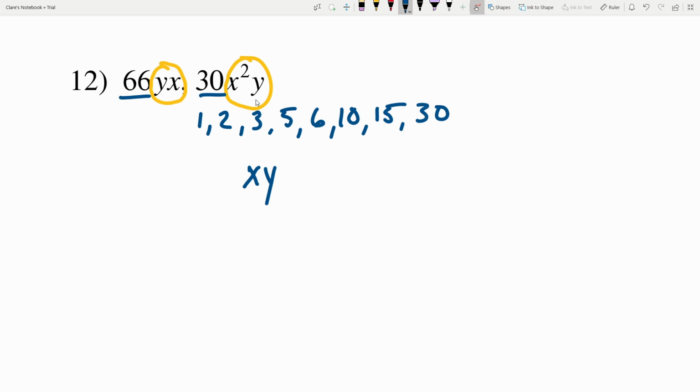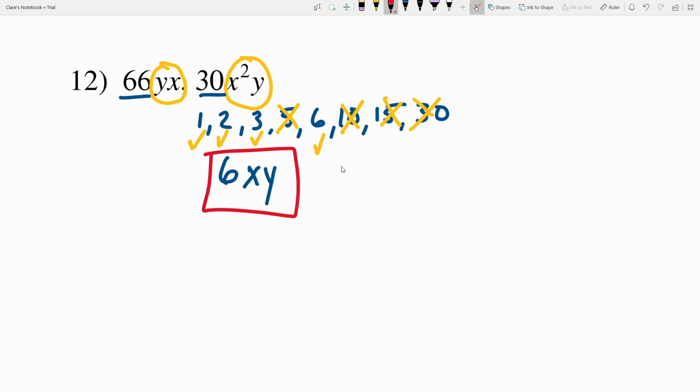Looking at this compilation of factors, the greatest common factor between this and 66, let's ask ourselves, 1 goes into 66, 2 goes into 66, 3 goes into 66, 5 does not, 6 goes into 66 because that's 6 times 11, 10 doesn't, 15 doesn't, and 30 doesn't, so 6 is my GCF for just my numbers. So overall, my greatest common factor is going to be 6xy. 6xy is my solution in number 12.